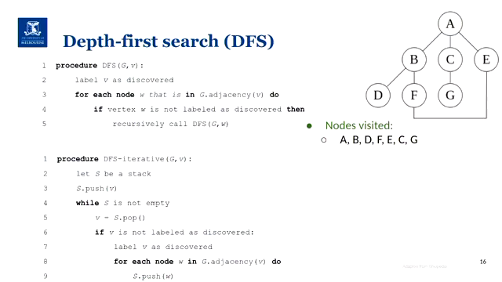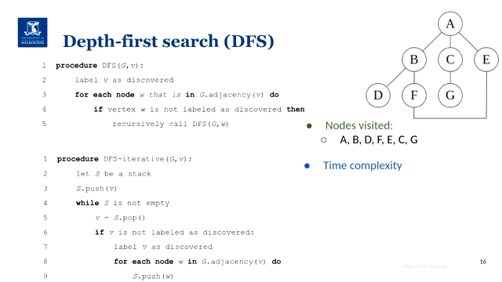We backtrack from F, from B, from A again. The only branch that hasn't been visited is this one, so we go to C and then G, and then we stop. We'll go into detail in a little bit with a different example.